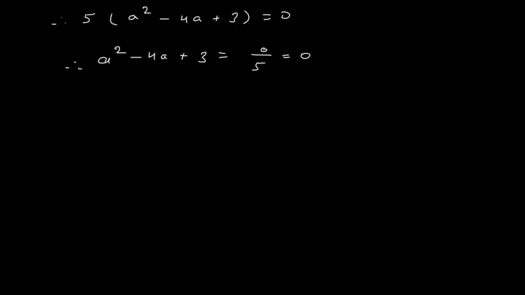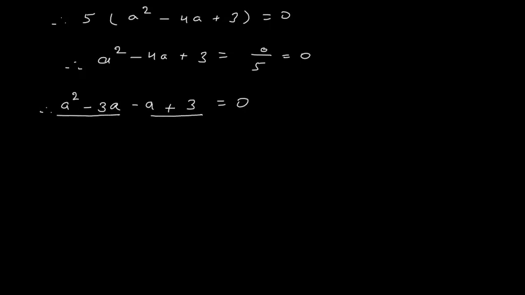Okay, now I factorize it. The 3 will be split so that the addition becomes minus 4a: a square minus 3a minus a plus 3 equals 0.